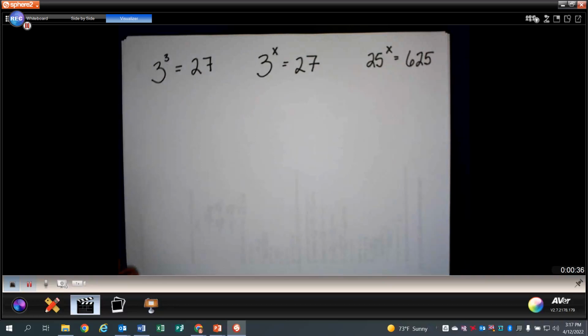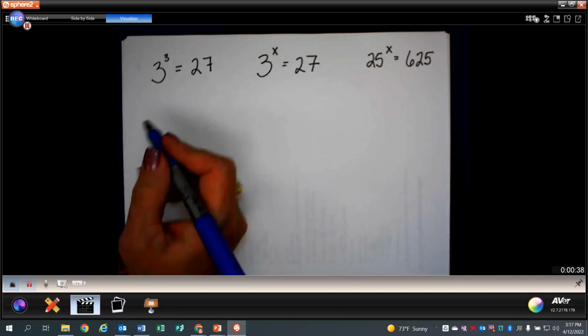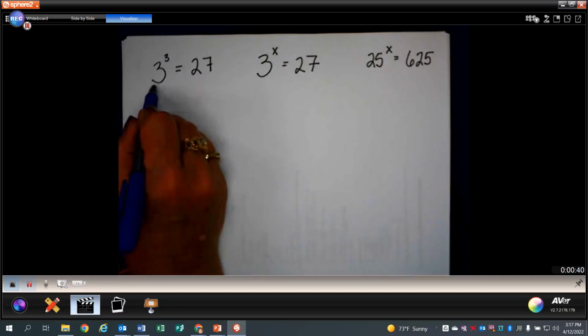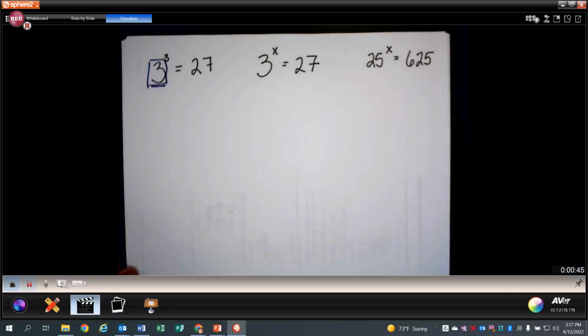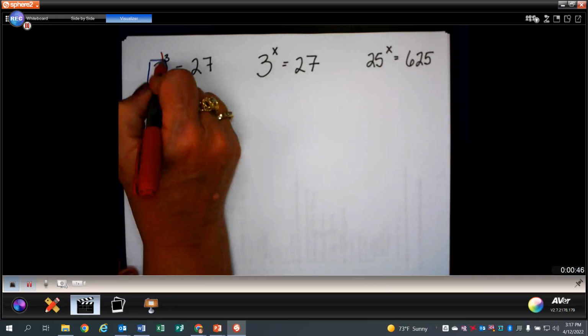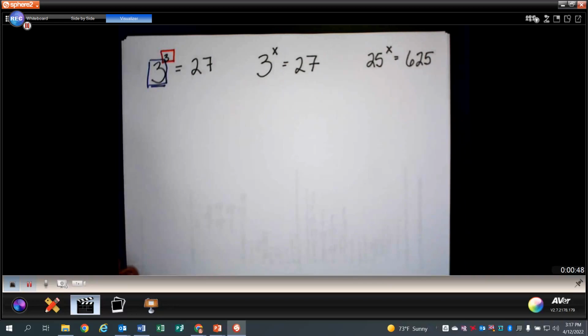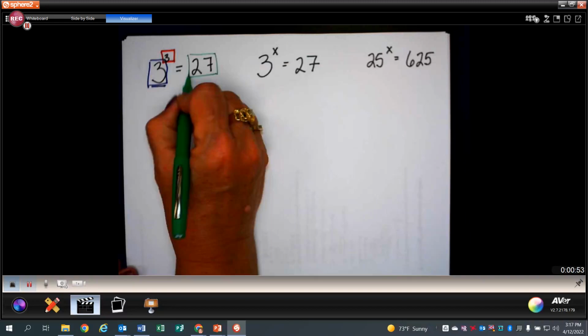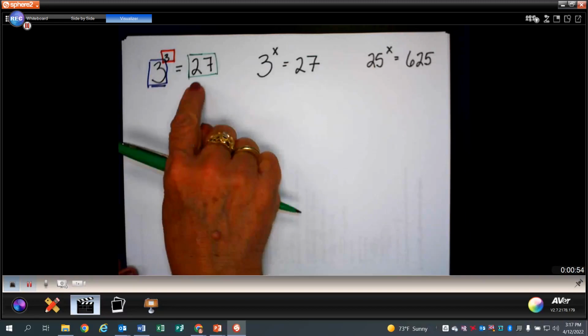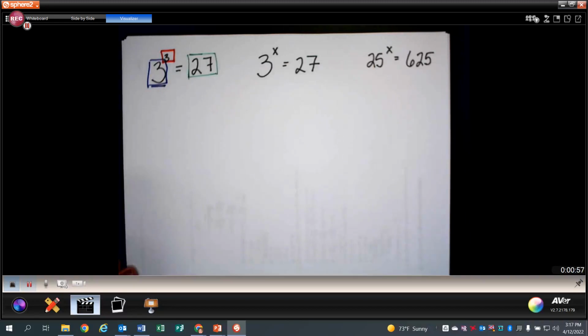If I were to rewrite this as a logarithm, I would have the exact same base, so a base of 3 and an exponent of 3, and then the argument of the log would be the answer to the exponent. So let's see what this looks like as a logarithm.